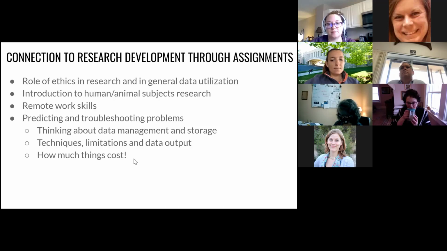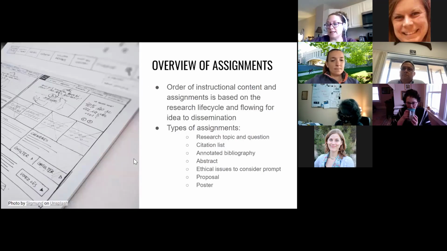So thinking about what types of ethical considerations they have to make within their own research projects and proposals. To give you an idea of the assignments that we cover throughout the semester, just like the entire class, as I keep emphasizing, it is based on the research life cycle. So we have students start, in groups, developing authentic research topics and questions, and then we move to the citation list because, of course, you have to do research to figure out who's already said something.